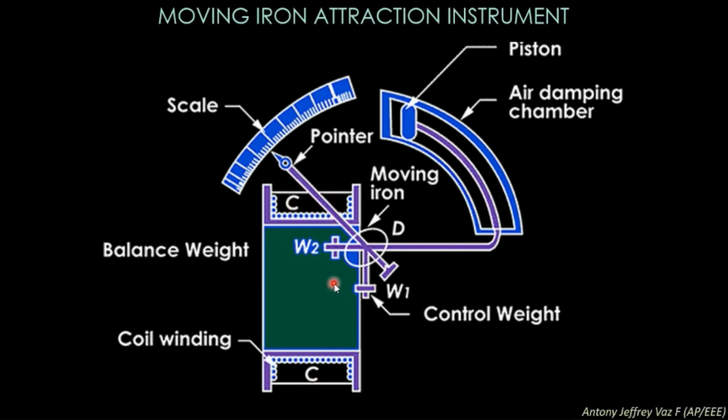Next, in the center you will see a shaft with the bearing. As in the permanent magnet moving coil instrument, here will be a shaft and bearings also. Here this is the pointer and this one is the scale, and here you can see the control weight is present.